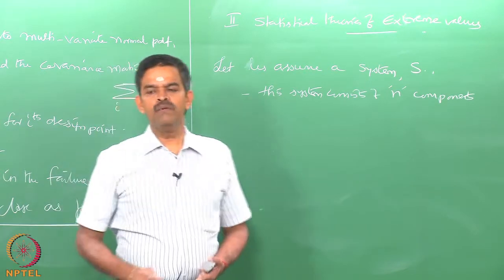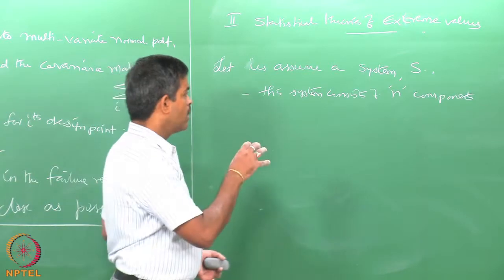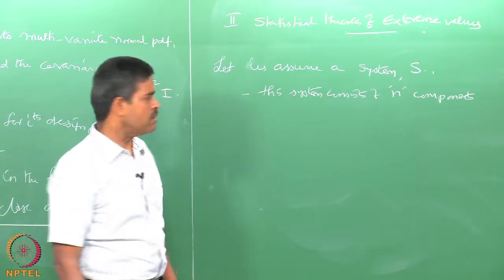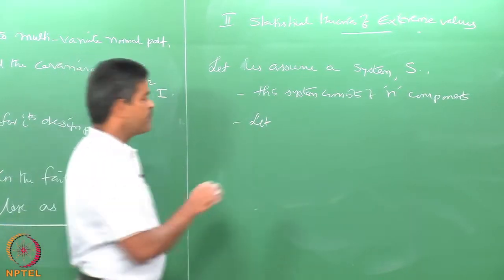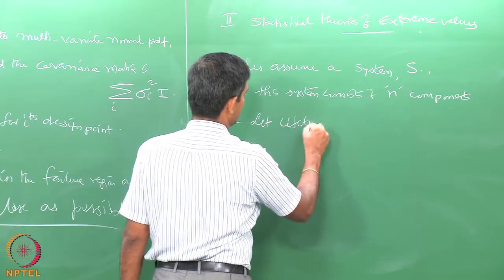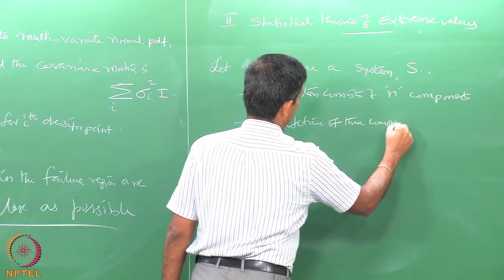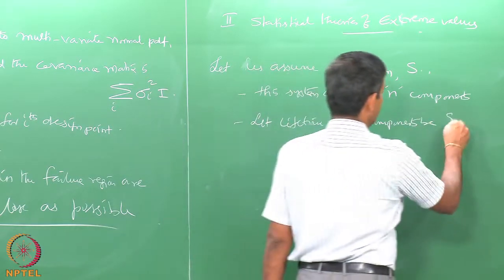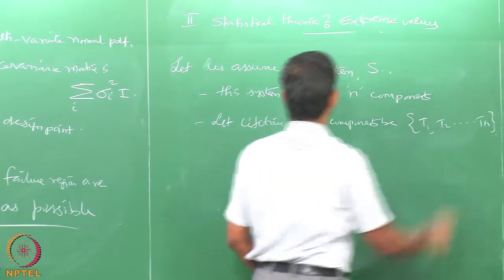Now, each member or each part of the component or each functionality of the given system may have a different lifetime period. So, let the lifetime of these components be T1, T2, T3, up to Tn.